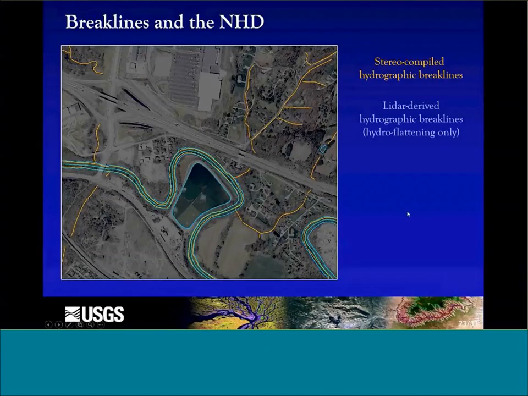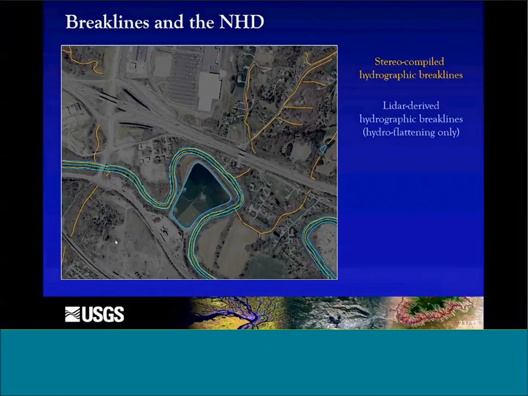If we look at the break lines that were derived for hydro-flattening, this is only for the hydro-flattening, we have a break line around this pond, which is actually a sedimentation pond. I think this is a water treatment plant. And then this little pond over here, and we have also added the bank lines of the river, and the cyan, the greenish color here, is the center line of the river.